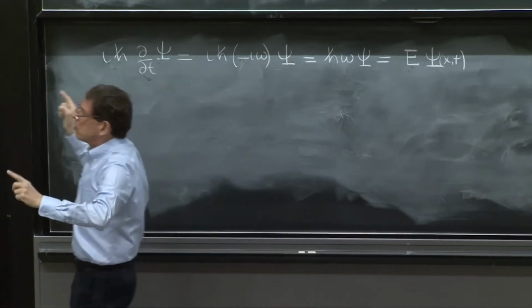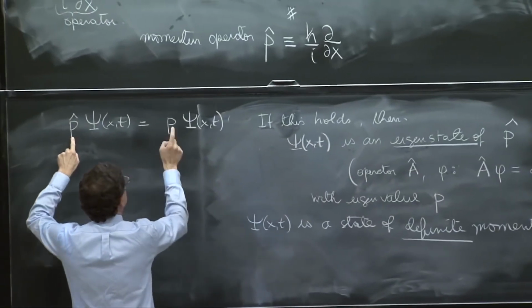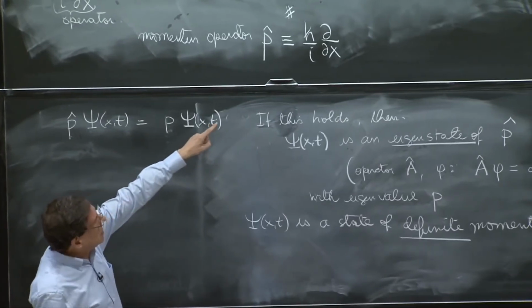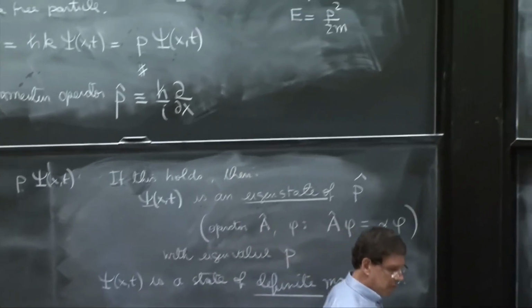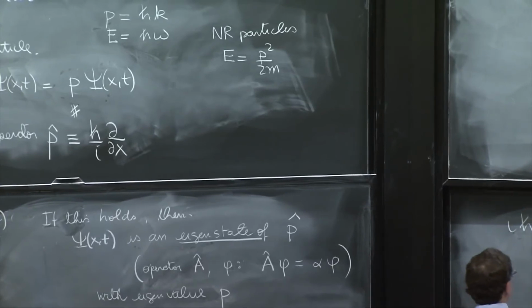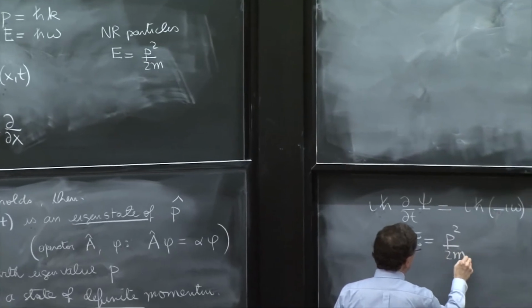But that wave function already, in our case, is a wave function of definite momentum. So somehow the information that is missing there is that the energy is p squared over 2m. So we have that the energy is p squared over 2m.